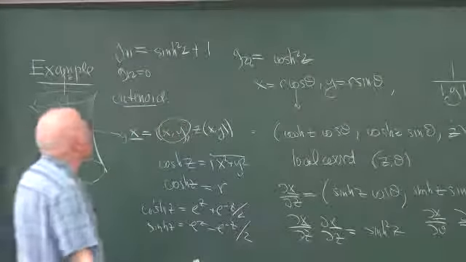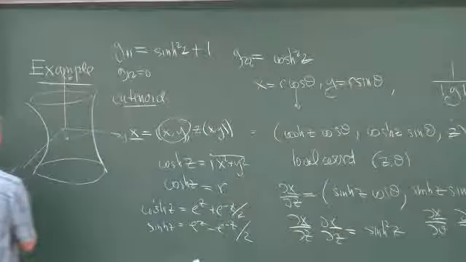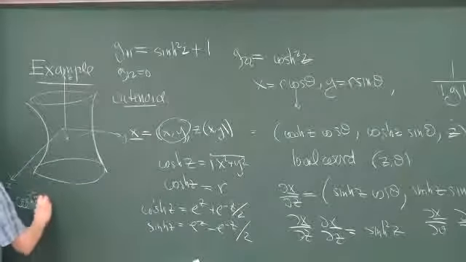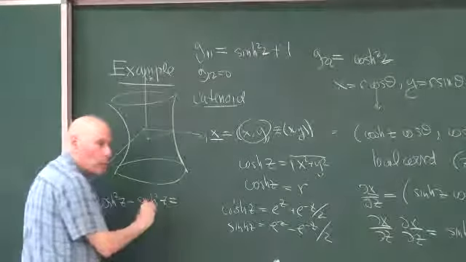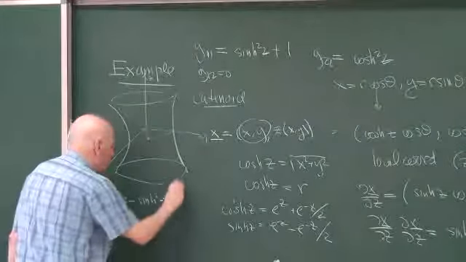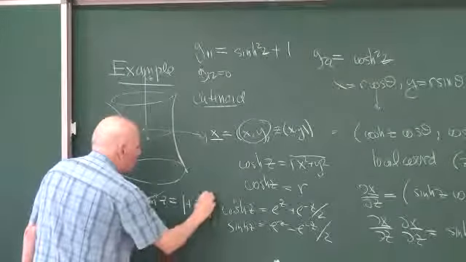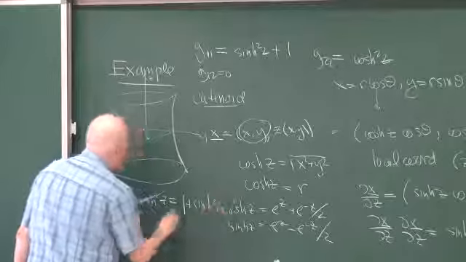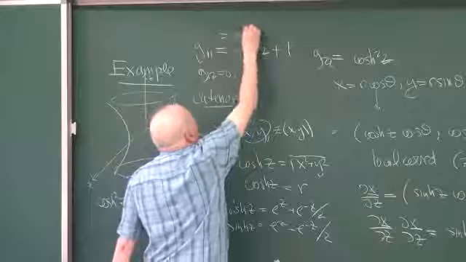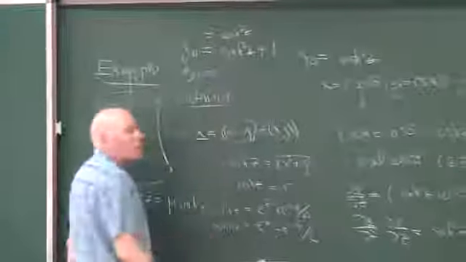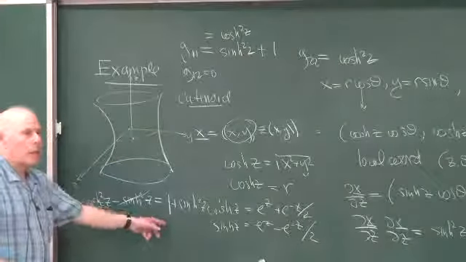Okay, so what's the determinant? Well, what's hyperbolic cosine squared z minus hyperbolic sine squared z, is it 1 or minus 1? Okay, so 1 plus hyperbolic sine squared is hyperbolic cosine squared. Did I do it right? 1 plus hyperbolic sine squared.